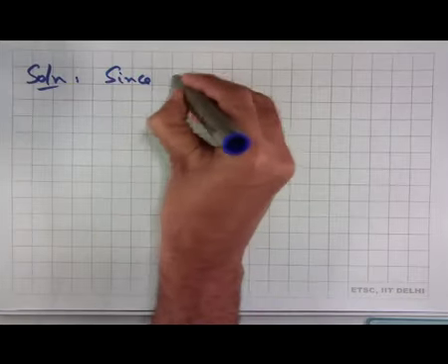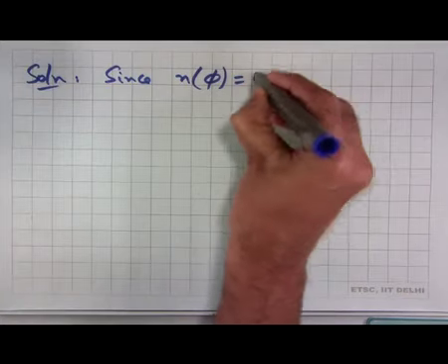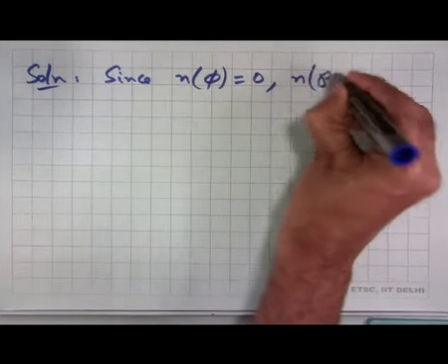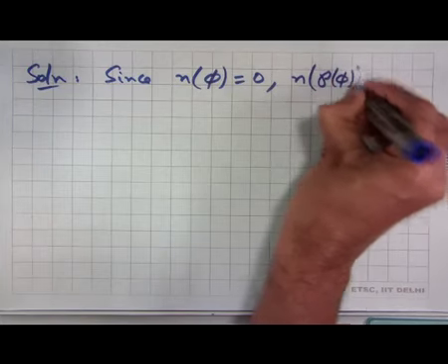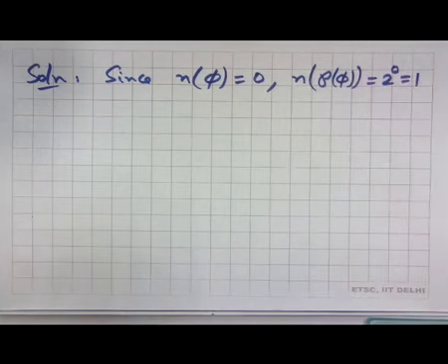Since the number of elements in the empty set is 0, the number of elements in power set of empty set is equal to 2 to the power 0, which is equal to 1. Right. Empty set has only one subset, which is the empty set.